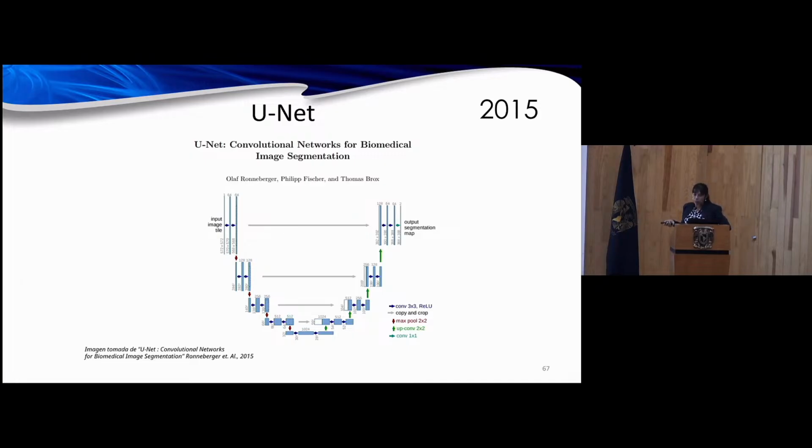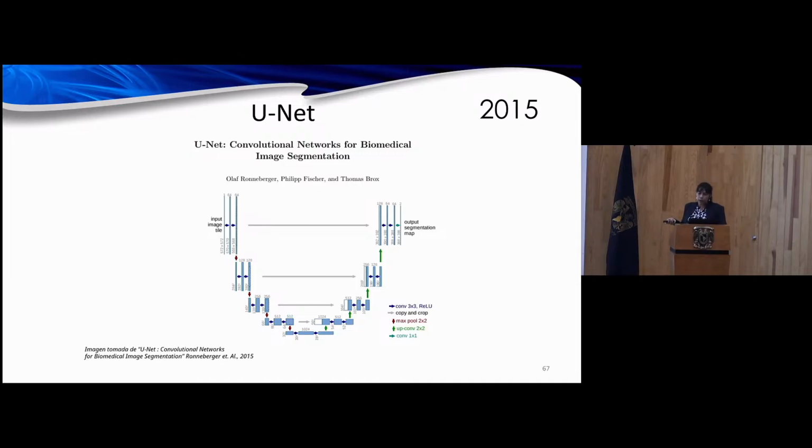It's a classic convolutional network, but it also has an encoder-decoder part, where you can get to something very short, and then go back again to the image, but it will be already segmented here.